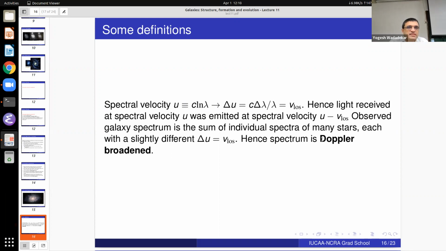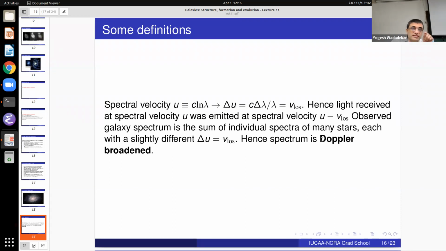Hence, any light received at spectral velocity u was emitted at spectral velocity u minus V_LOS. So the observed Doppler shifted velocity will be related to the emitted velocity via this V_LOS number.